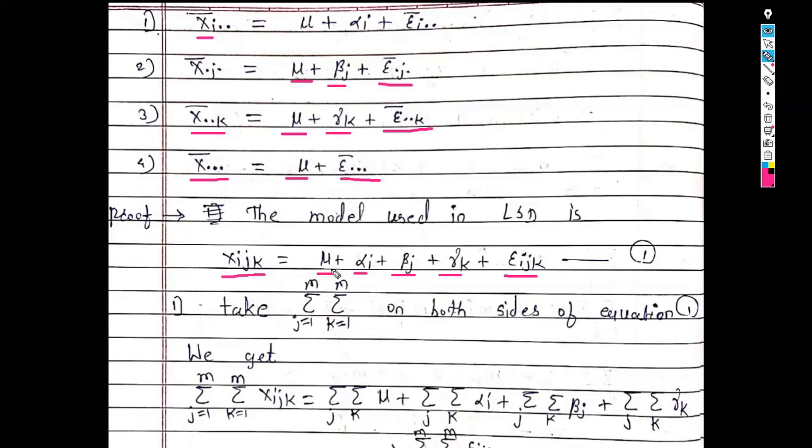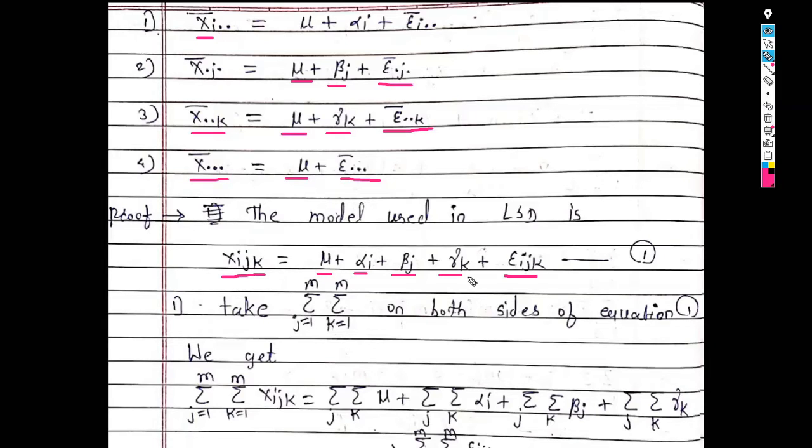Mu is the overall effect, or a constant term. Alpha i is the ith row effect, beta j is the jth column effect, gamma k is the kth treatment effect, and epsilon ijk is the random error, which follows IID normal with mean 0 and variance sigma square.